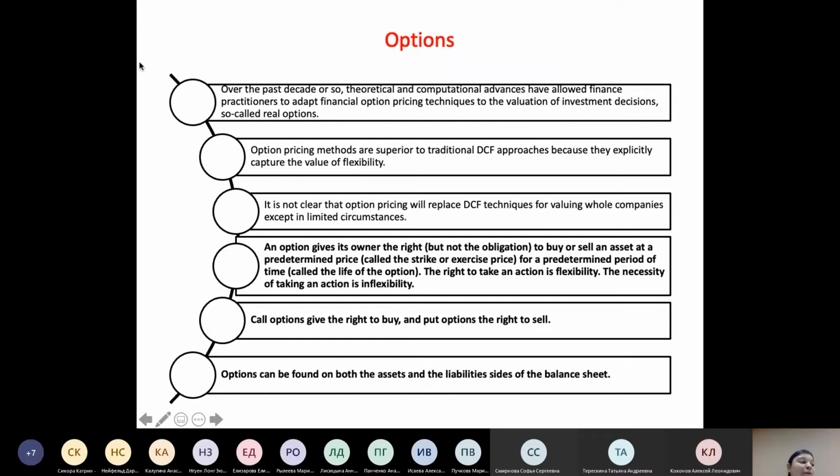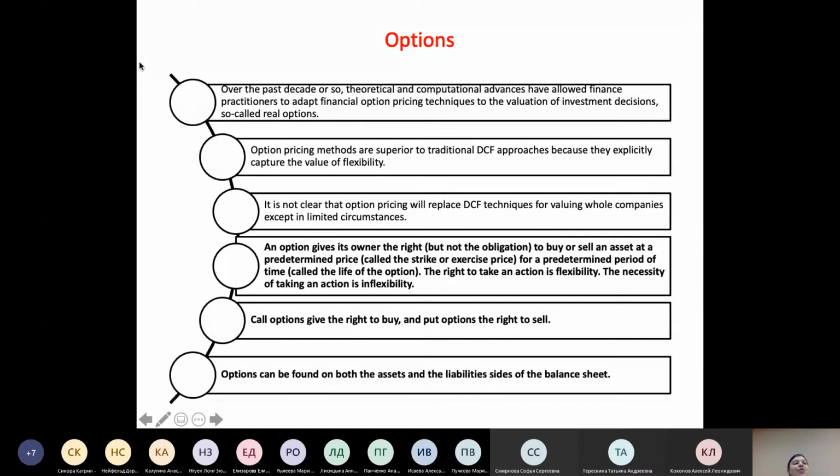If we follow the classical definition of real option valuation, an option gives its owner the right, but not the obligation, to buy or to sell an asset at a predetermined price, called the strike or exercise price, for a predetermined period of time.